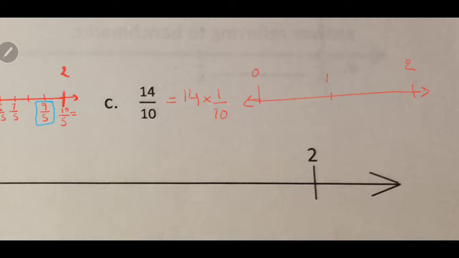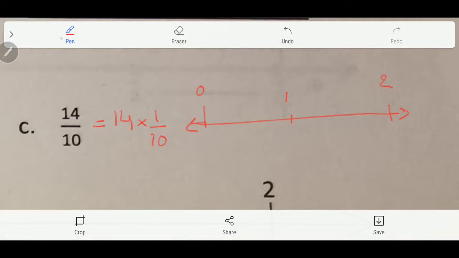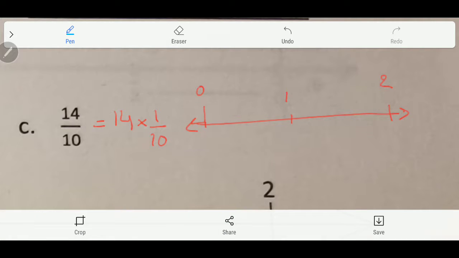There you go. So doing a different color here, blue. So 1/10, where will be 1/10? This is like a small fraction. 1/10 would be way over here.